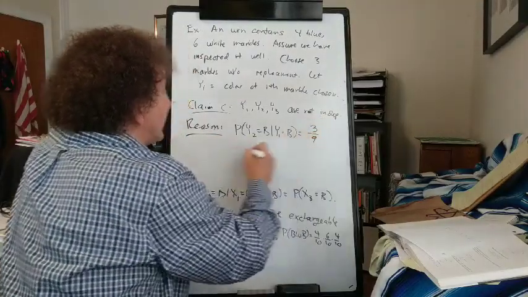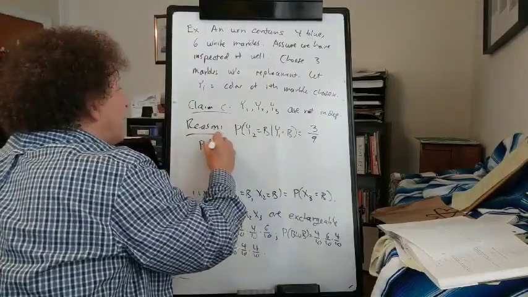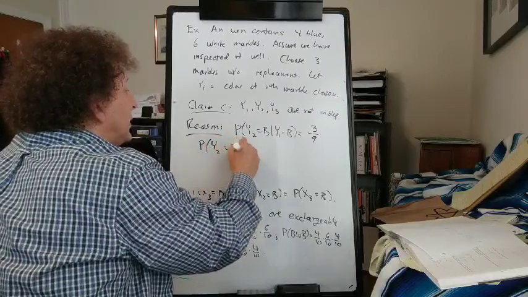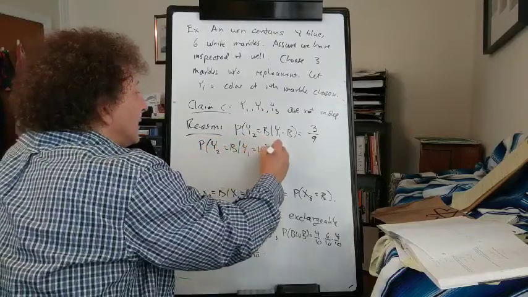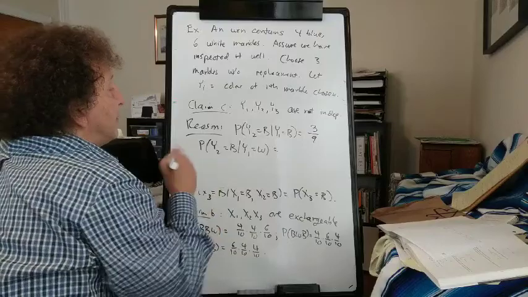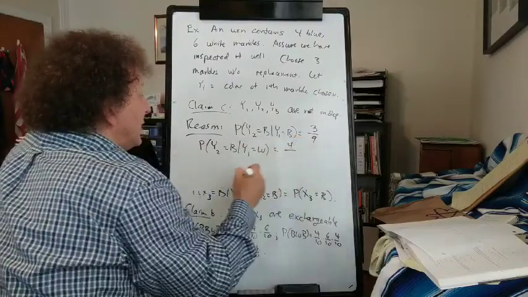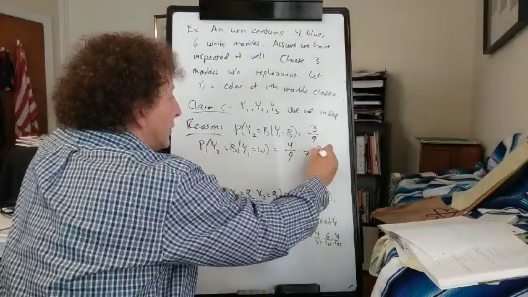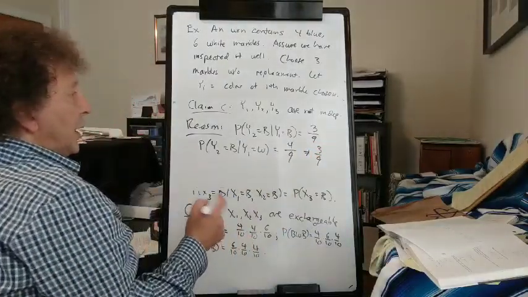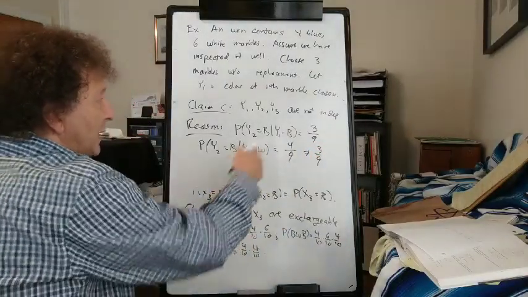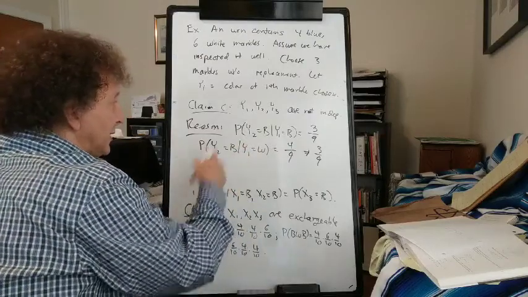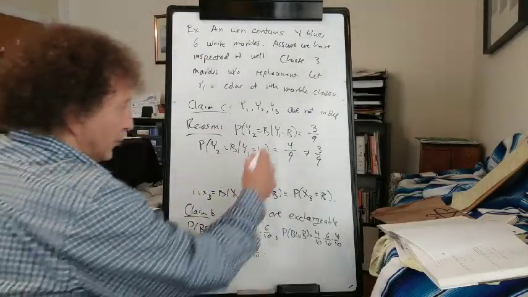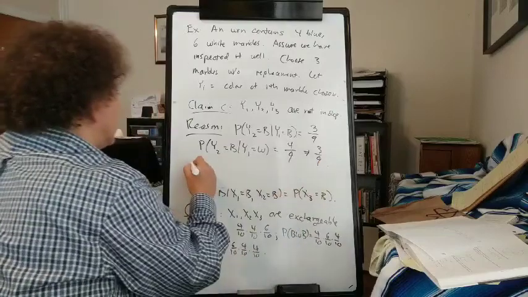So 3/9. And the probability that y2 is blue given that y1 is white is, so we have 4 blue marbles left in the urn, but a total of 9 marbles. So apparently observation of y1 does change our opinion about y2. 4/9 and 3/9 are not the same.